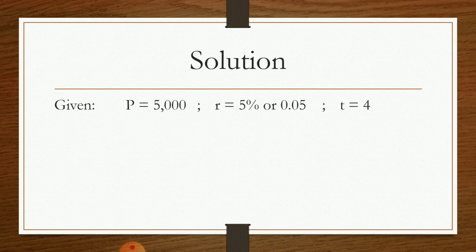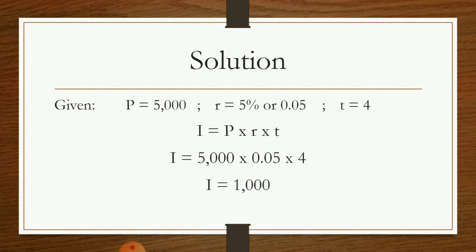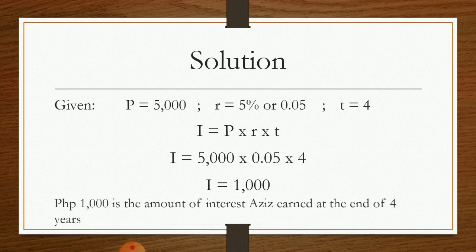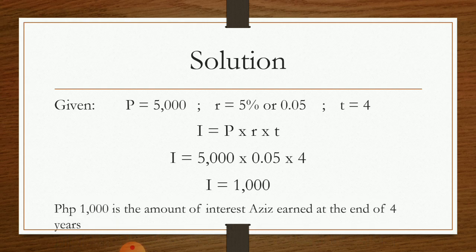For the time, that is equal to 4. Then plug these values into the formula. So interest now is equal to 5,000 times 0.05 times 4. That is equal to 1,000. So 1,000 Philippine peso is the amount of interest earned at the end of 4 years.